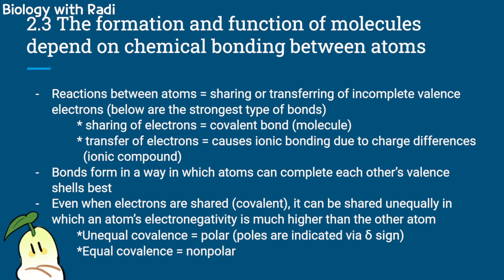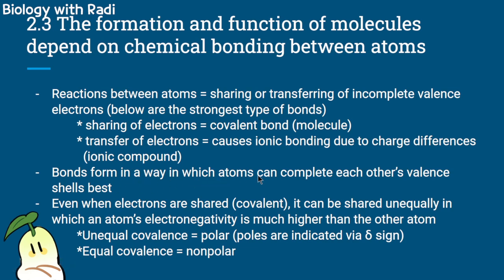One electron is -1 charge, so the atom that took the electron is going to have a -1 charge. The overall charges will make them attract each other, because opposite charges attract. When ionic bonding happens, you create an ionic compound.